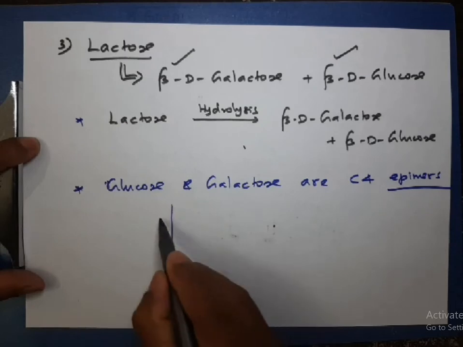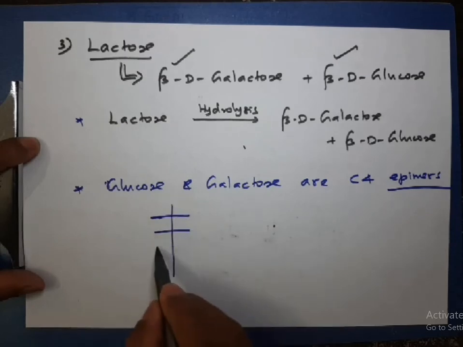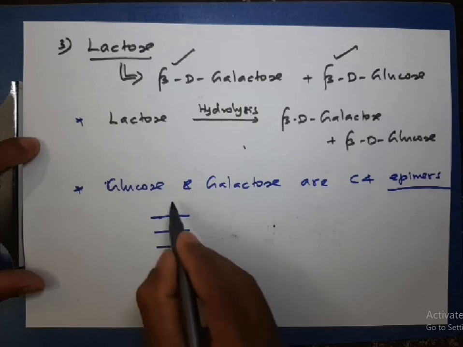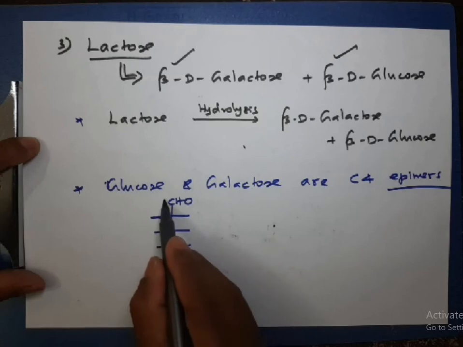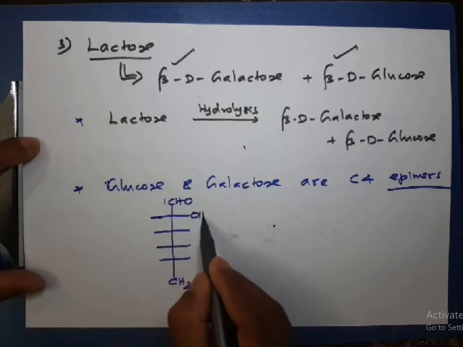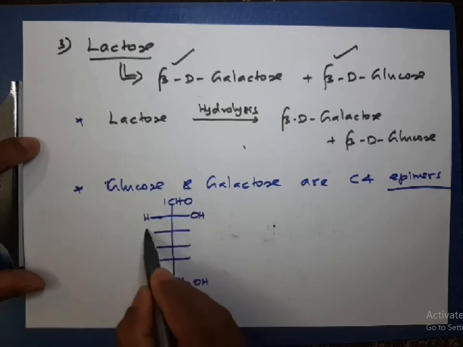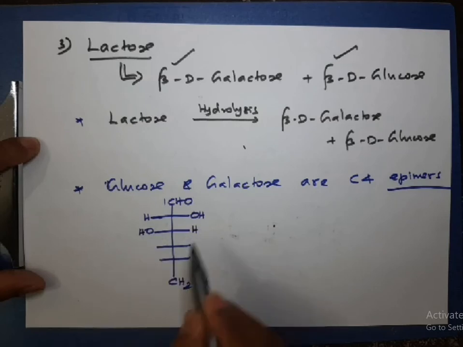So first I will draw the structure of glucose. 1, 2, 3, 4 chiral carbon atoms are there in glucose. And you have an aldehyde group here, aldehyde. This is carbon number 1. Carbon number 2, OH group on the right hand side. Carbon number 3, OH group should be on the left hand side in Fischer projection. 4 and 5 always have the OH group on the right hand side.